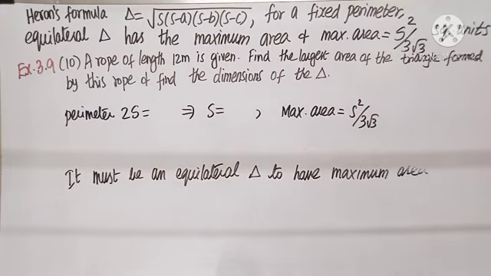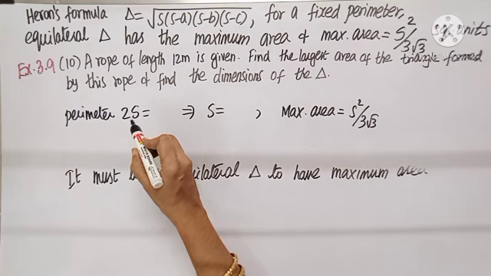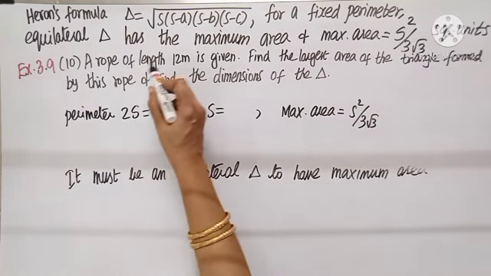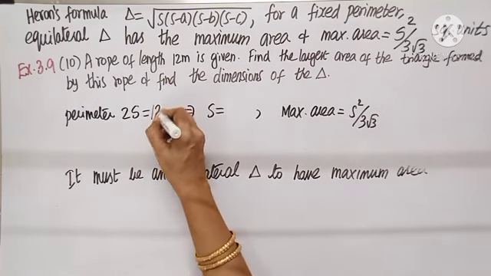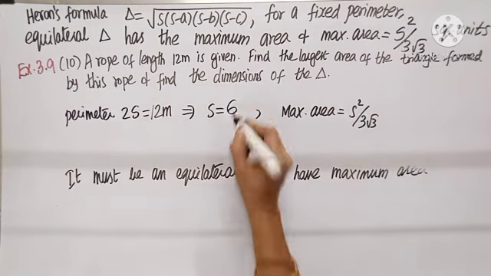Exercise 3.9, question number 10. A rope of length 12 meters is given. Find the largest area of the triangle formed by this rope and find the dimensions of the triangle. Perimeter of the triangle is nothing but the length of the rope, that is 12 meters. So S is equal to 12 by 2, that is 6.